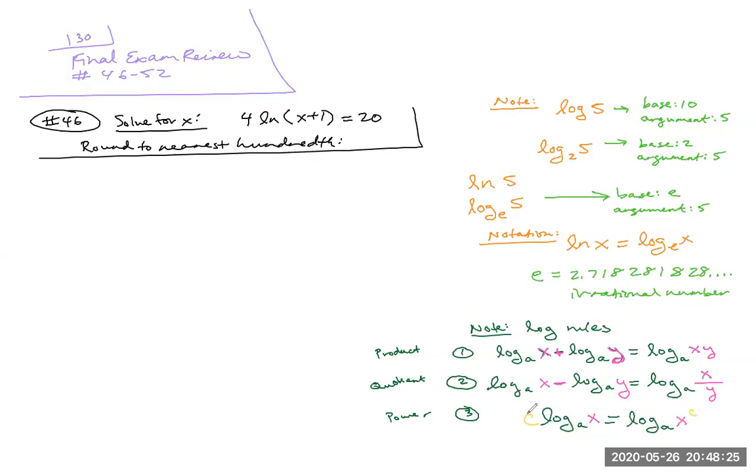Okay, so see how that coefficient comes up into the argument and becomes the exponent for the argument itself, x. Okay, so we're going to need those rules. All right, so let's go ahead and get started here.